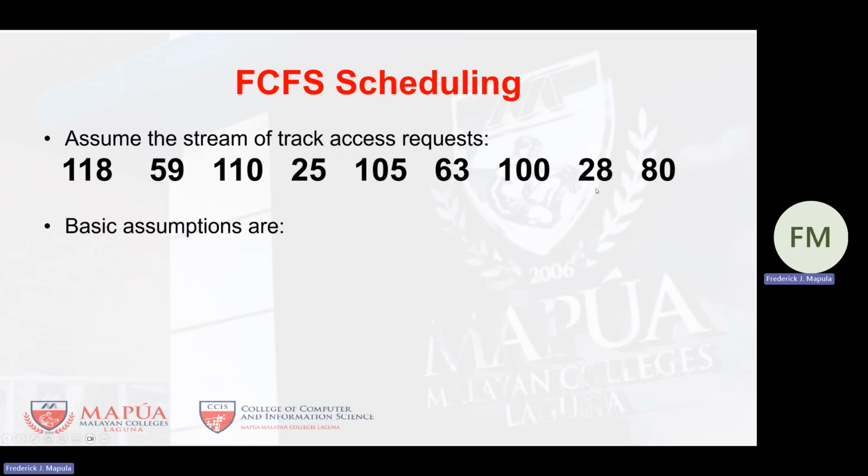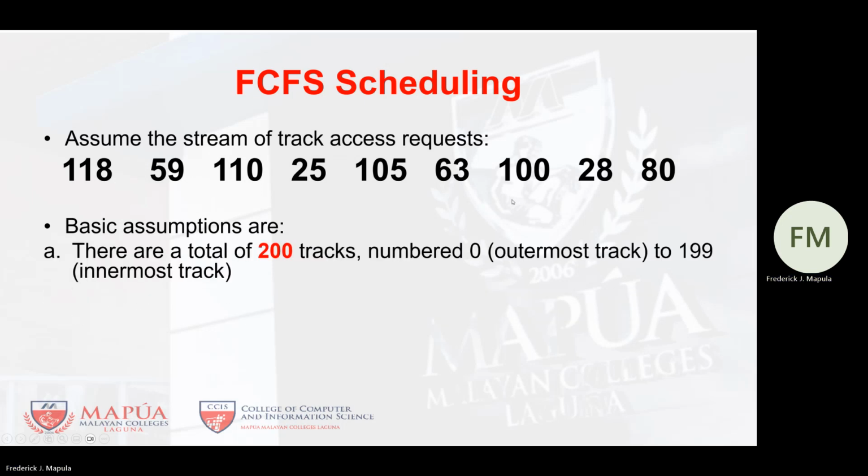So the basic assumptions are there are a total of 200 tracks, and we number them from 0 to 99. Track 0 is the outermost track, and 99 is the innermost track.